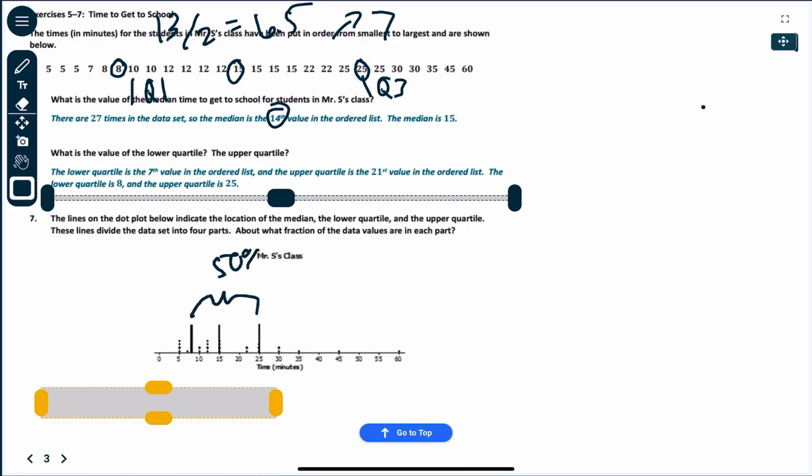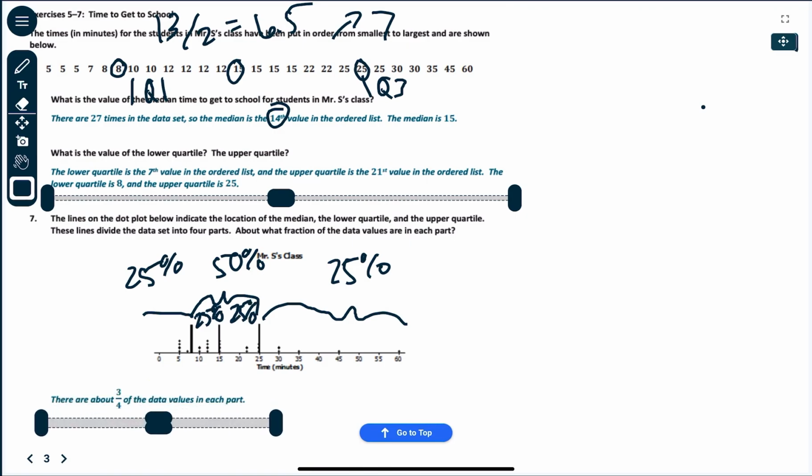This should be 50%, this should be 25%, and this should be 25%. If we break it up into 4 parts, each part would be 25%. The answer of about 3/4 of the data values in each part is wrong. That should be 1/4.